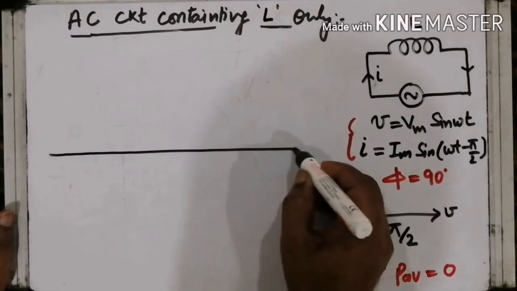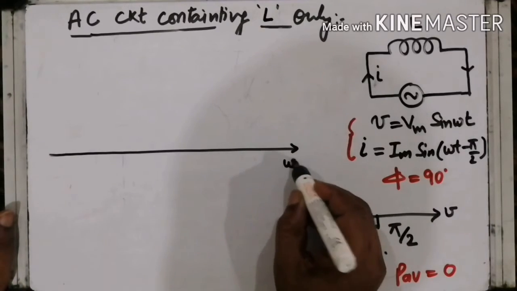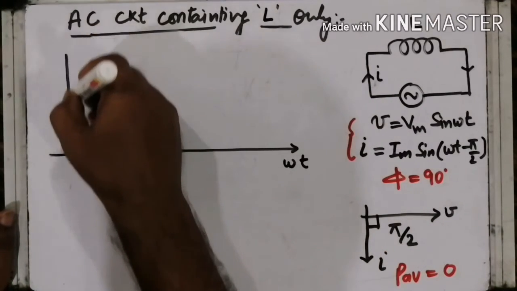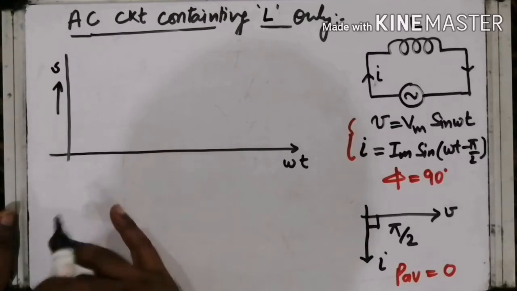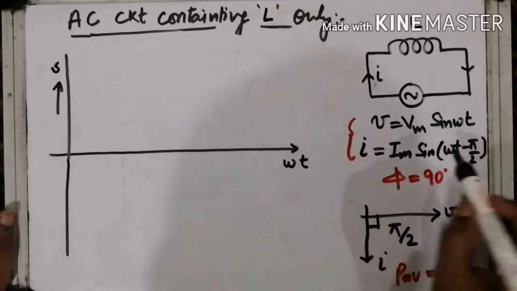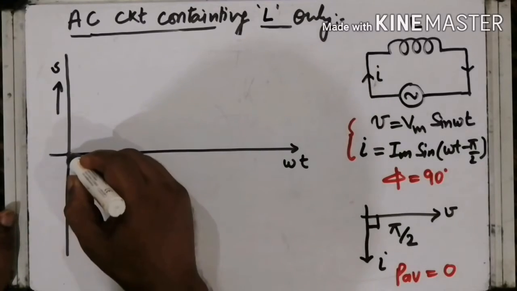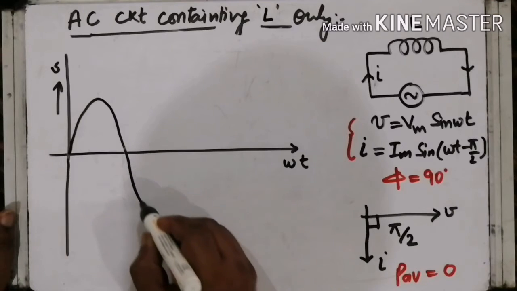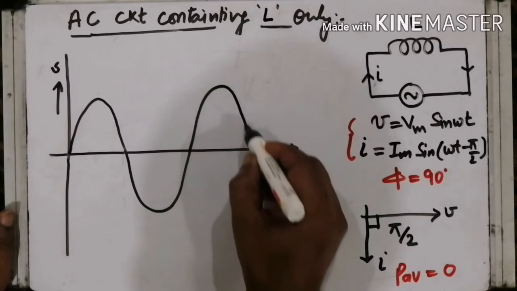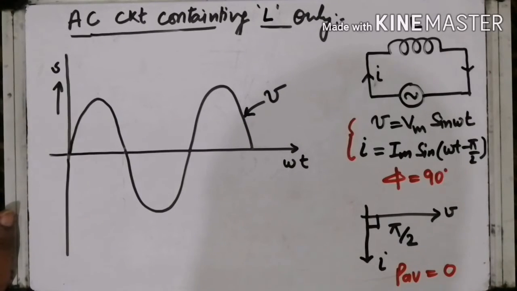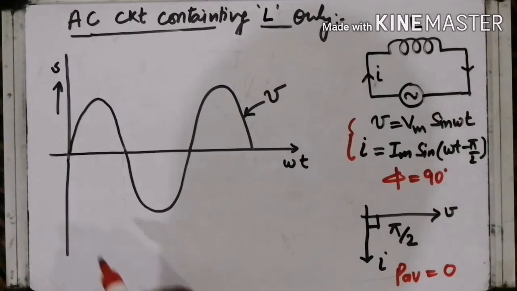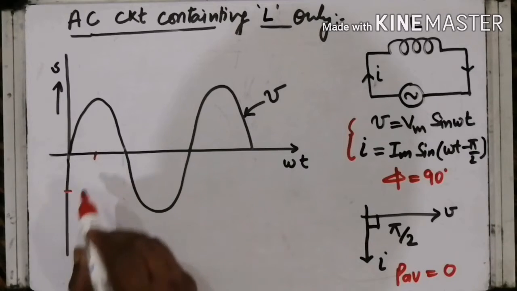See the waveforms very carefully. On the x-axis there is omega t, and on the y-axis there is voltage. Now V is equal to Vm sin omega t. It is a sinusoidal wave. This one is the sinusoidal wave for the voltage V. And the current lags behind by an angle of 90 degrees.